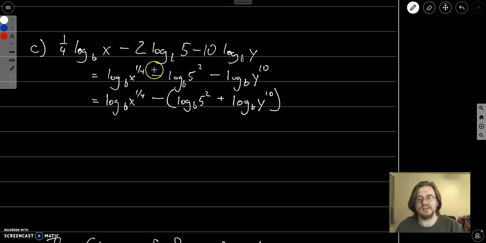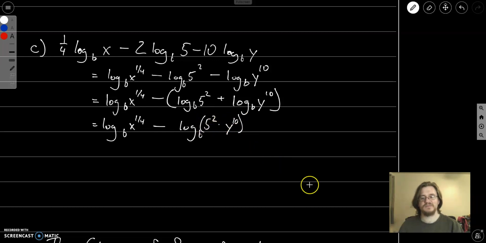I've just sort of undistributed, reverse distributed the negative sign out of both of these terms. So now I have log base b of x to the 1/4 minus the sum of these guys. Well, if I'm adding logarithms, it's the same thing as multiplying on the inside. So this is going to be subtracting log base b of 5 squared times y to the 10th power.